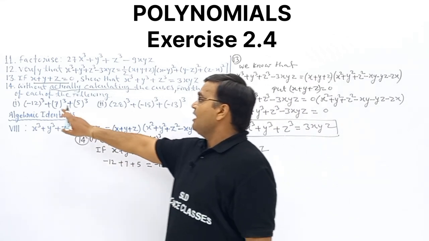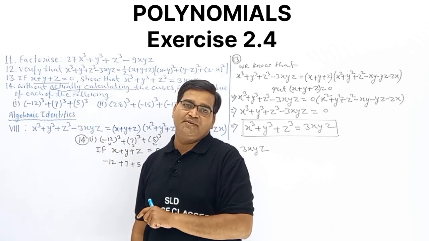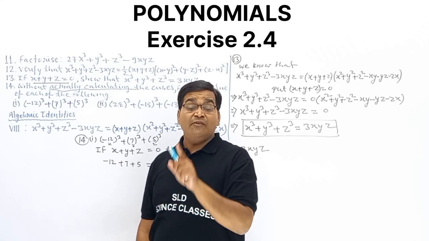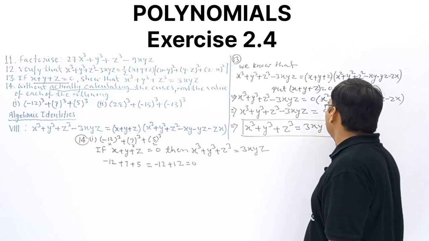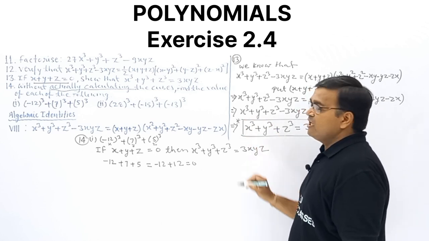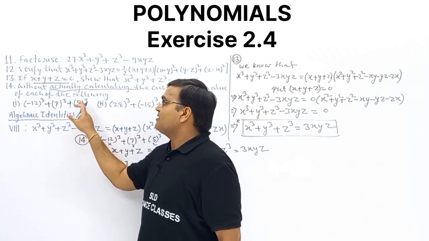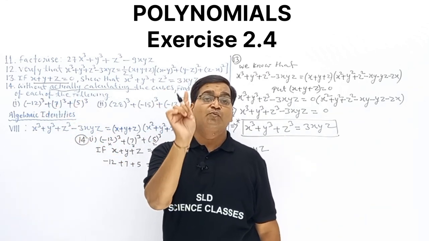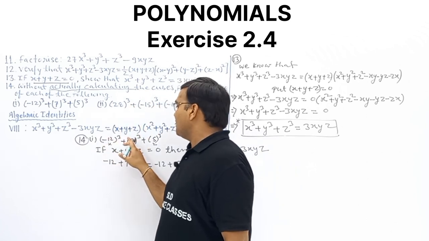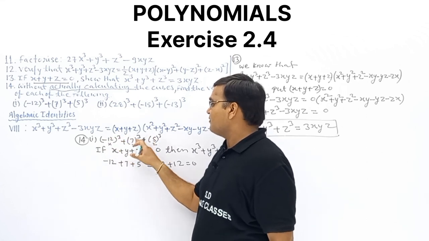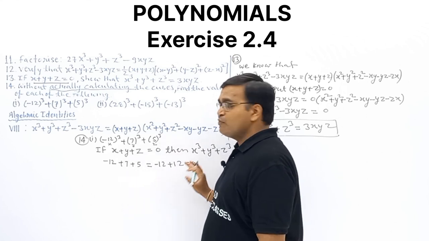So we have x cube plus y cube plus z cube, and its value will be 3xyz. We use this formula, x cube plus y cube plus z cube equal to 3xyz, when the sum x plus y plus z equals 0. In this, x is this one, y is this, z is this. We add x plus y plus z, and this is 0.